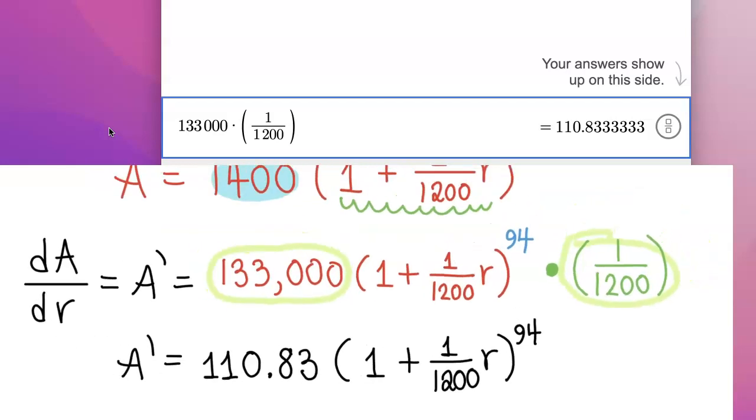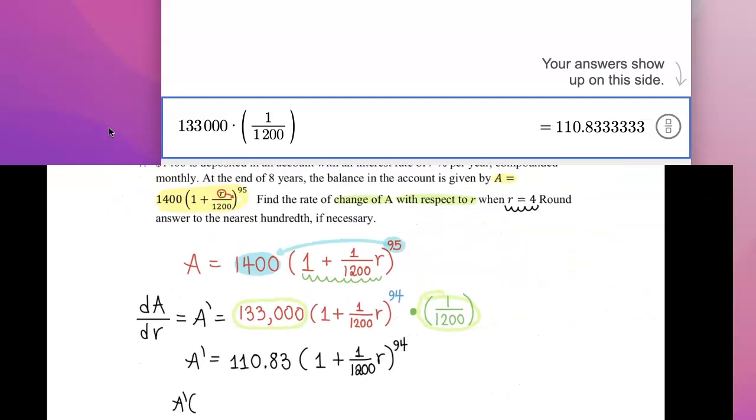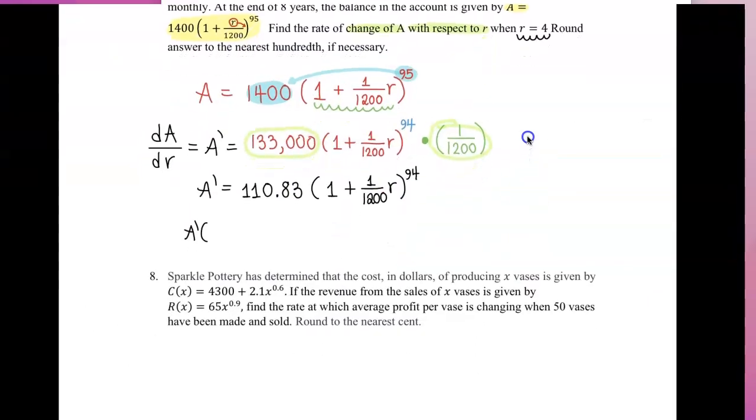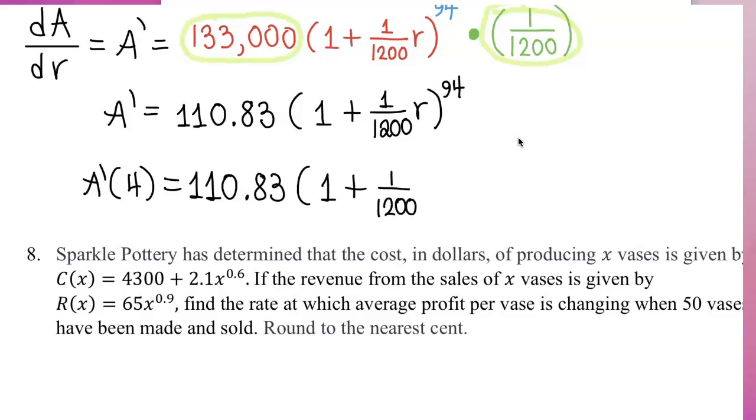Now, what did they want us to do? Didn't they want us to plug in a number? What was that number? I'll zoom out. They want us to plug in the rate of 4. So I'll write it down, but I'm going to need to use a calculator to evaluate. I'm doing 110.83 times 1 plus 1 over 1200 times 4.